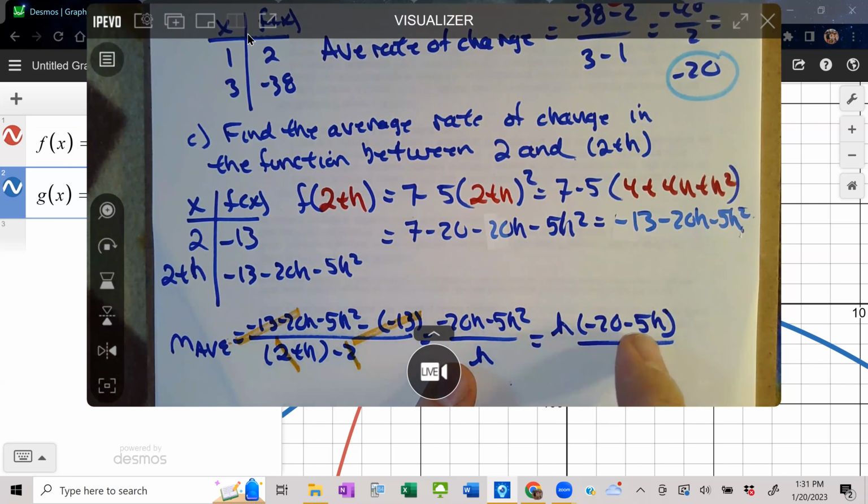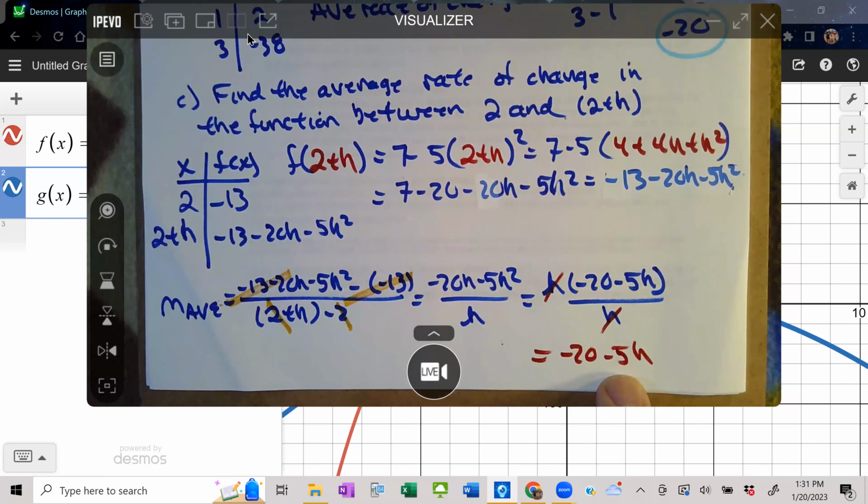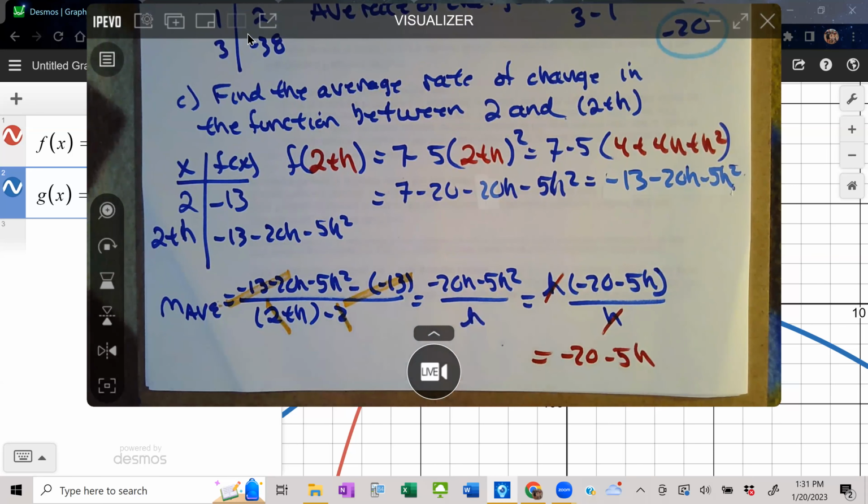Notice you took out 1h here and 1h here. After you take those out, then you could cancel them and you're left with negative 20 minus 5h. If you want to factor out the negative 5, that's fine. The biggest thing that I'm looking for is for you to cancel out that h. There's your answer. Nice.